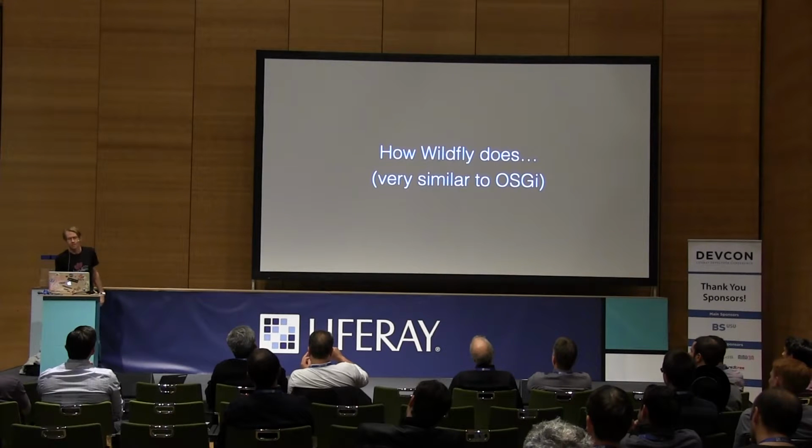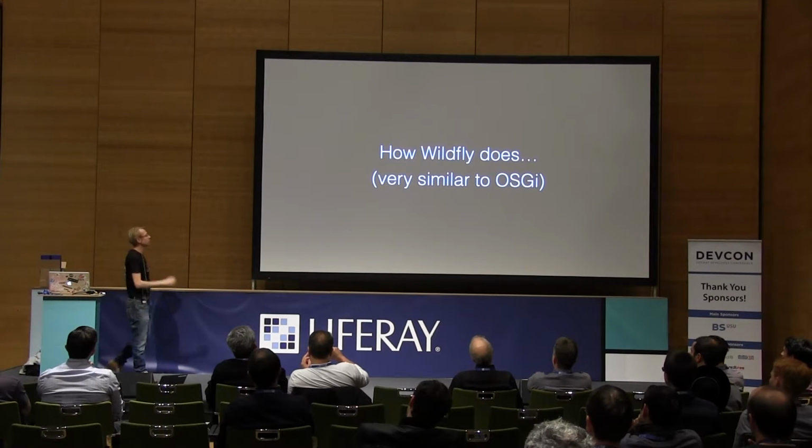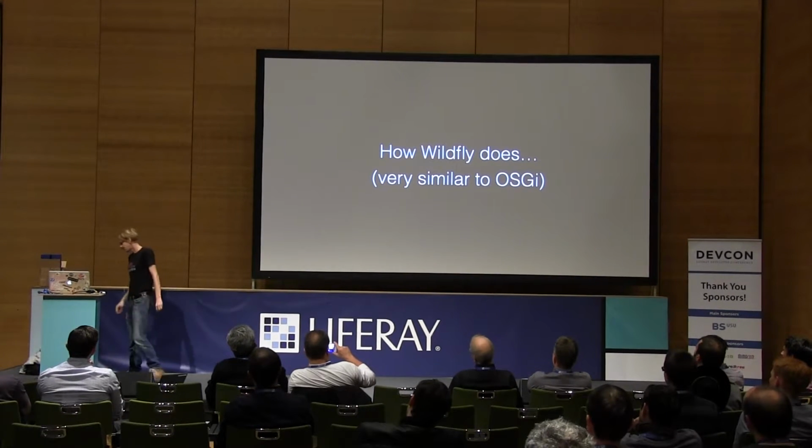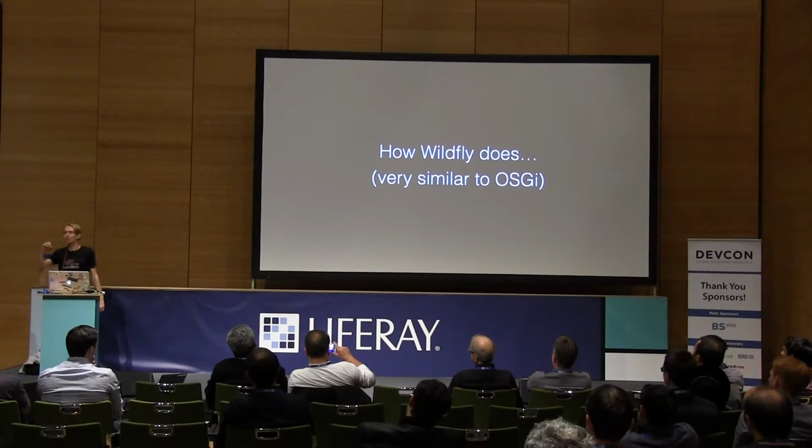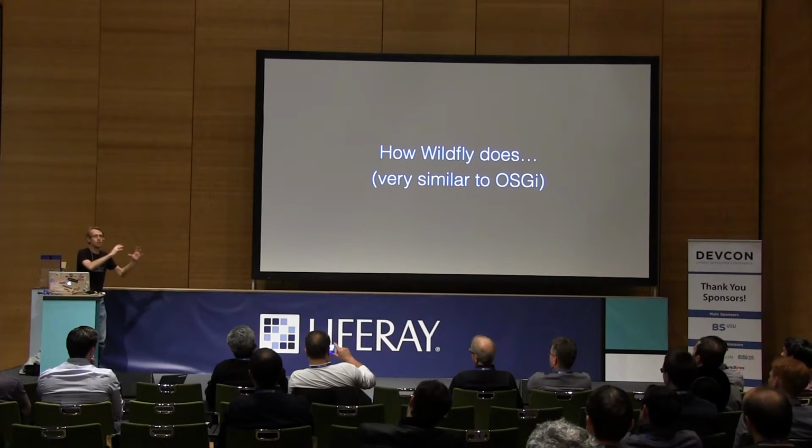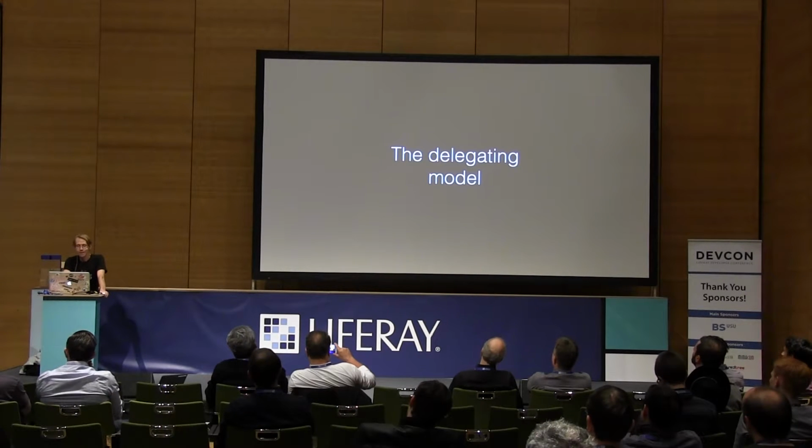There is the WildFly server. It does something very, very similar to OSGi. The interesting part is there is JBoss OSGi, or JBoss GI. Yeah? About 2 years ago, it was JBoss GI. Now it's called JBoss OSGi. And they did really something great.